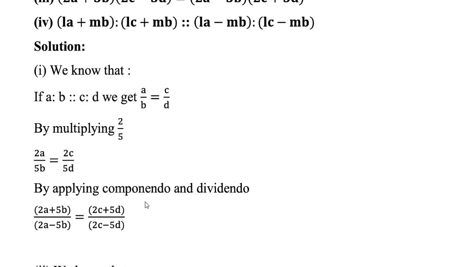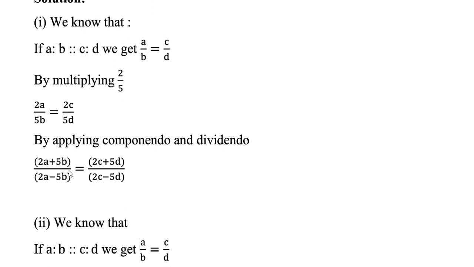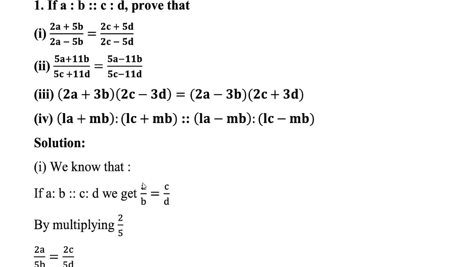After that, by applying componendo and dividendo, that is, in the numerator we add, and in the denominator we subtract, we get (2a + 5b) divided by (2a - 5b) is equal to (2c + 5d) divided by (2c - 5d). See what is given in the question paper.